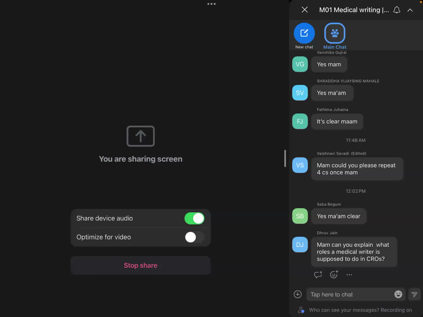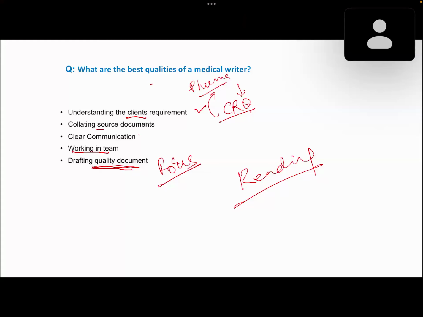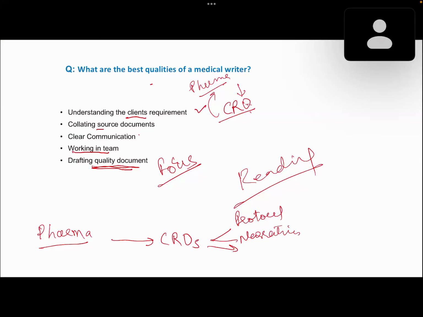In CRO, what happens? As I showed you, suppose pharma has outsourced their medical writing work to CRO. Now CRO will be writing protocol, narratives, CSR, ICF, basically everything for this particular pharma.